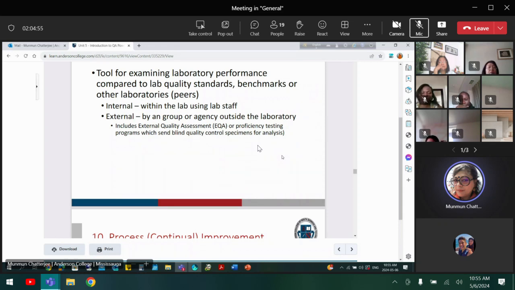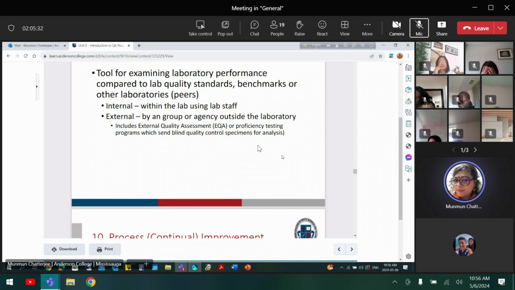This sample is sent to different labs to get the exact value. Nobody is going to know what it is. These sample values are then collected by the external quality assessment team from all labs, to see whether all labs have the same value or a value within the same range. If some lab is out of range, that means that lab has a quality problem.